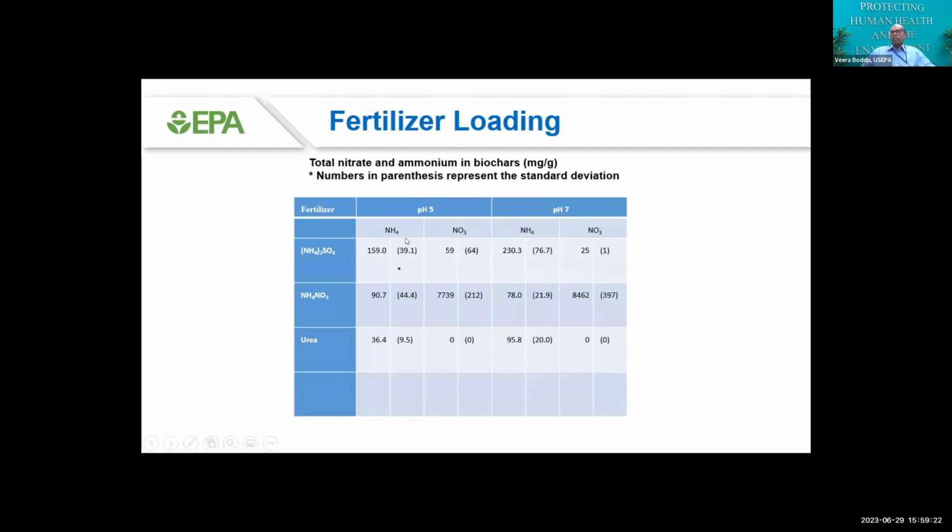This is in our preliminary experiments, pH dependent, initially ammonia concentration and nitrate concentration. These are the loading capacities, that is 159 milligrams per gram of this particular biochar, the 700 degrees Celsius cocoa pod biochar. And here is just a summary of those things. These are the initial material. We obtained this material by reverse extracting the fertilizer compounds.